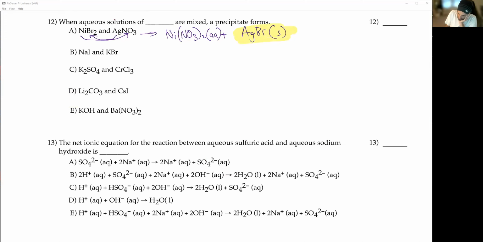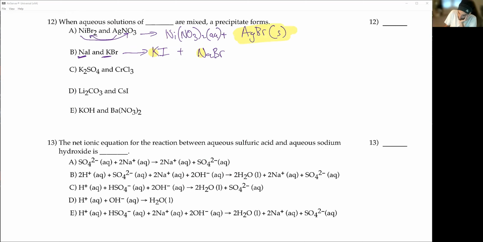But let's check the rest of them anyway. Now, both of these start with group 1. So I know it doesn't really matter if they switch partners, all those are going to be soluble. So no matter which way we look at it, KI plus NaBr, we simply know that group 1s are soluble.